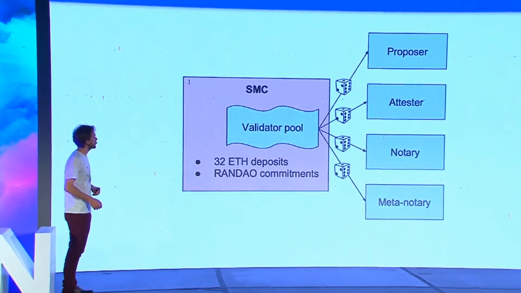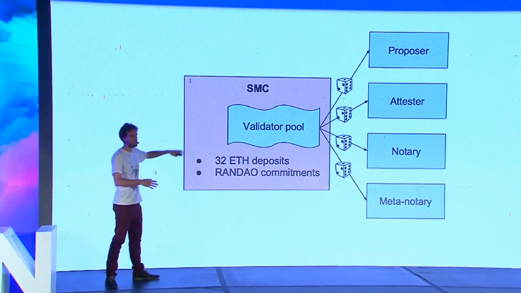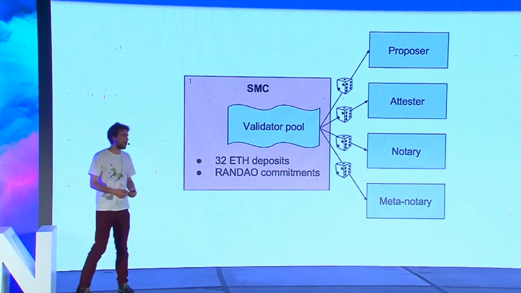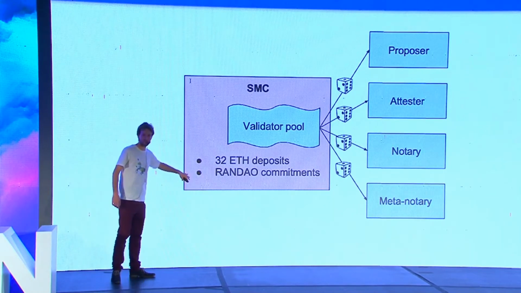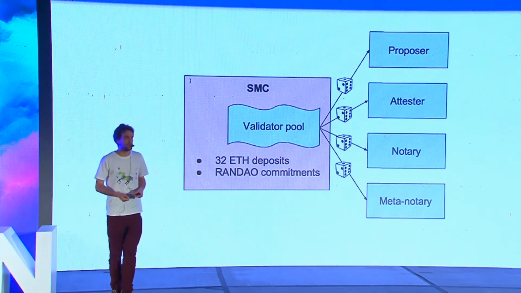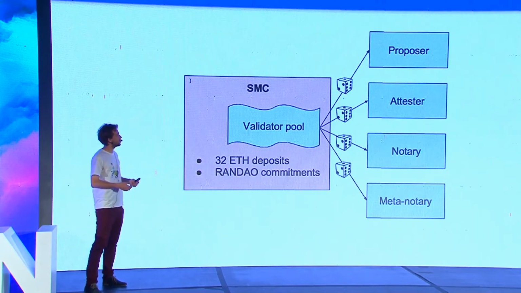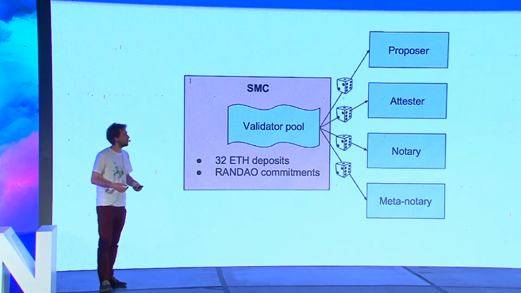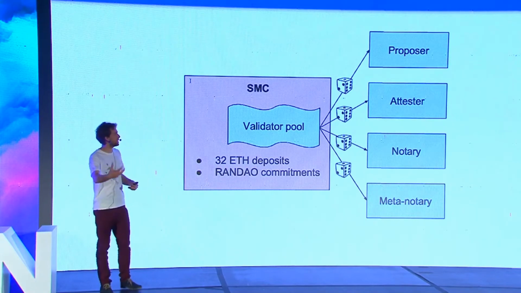Okay, so the SMC is the place in the main chain which keeps track of the validator pool. Anyone who has made a 32 ETH deposit and has made a commitment for the beacon chain, which I'll talk about later. And as a validator, you will be called upon on a randomized basis, on a random schedule, to perform various tasks. You might be called upon as a proposer to extend the shards with new data.